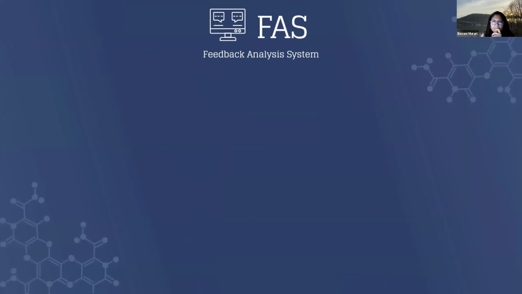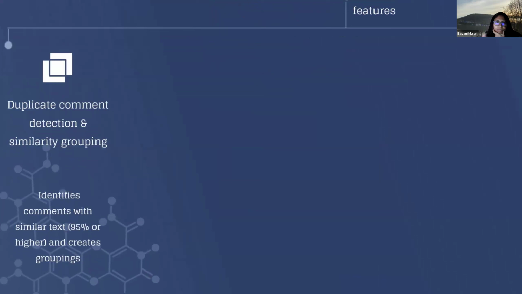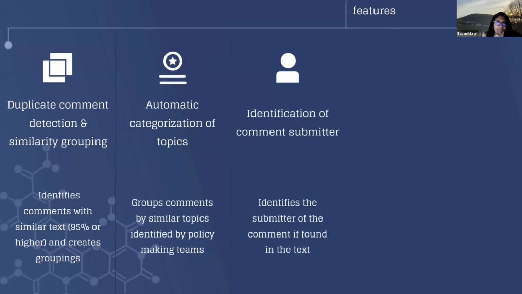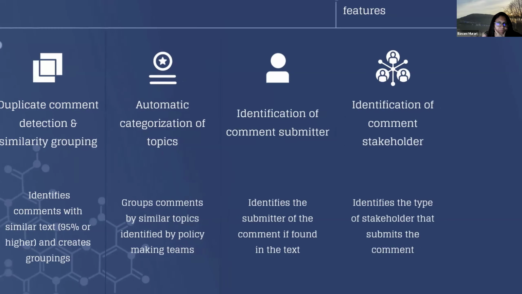This solution works through that text data and analyzes comments, deploying various models that detect duplicate comments and those with similar text and group them together. It groups by topic. It identifies the submitter of the comment and the type of stakeholder that submitted the comment.